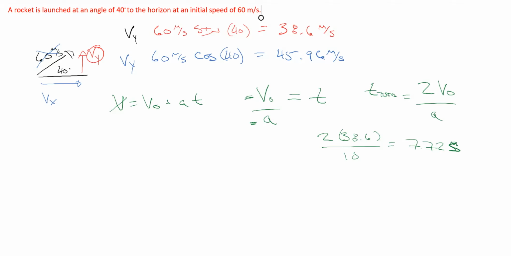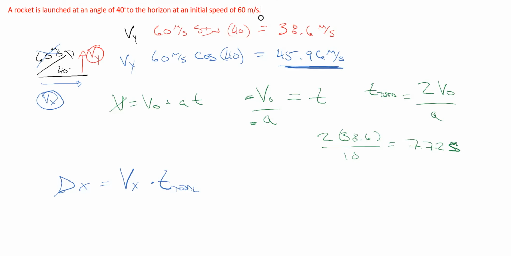Alright, while we were in the air for 7.72 seconds, how would we describe our horizontal velocity? There's no force acting on it, so it's just going to remain unchanged. So whatever we start off with as our horizontal velocity is going to remain the same all throughout. So in order to solve for our change in x is no more than our velocity in x times t total.